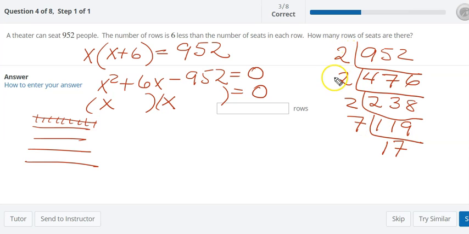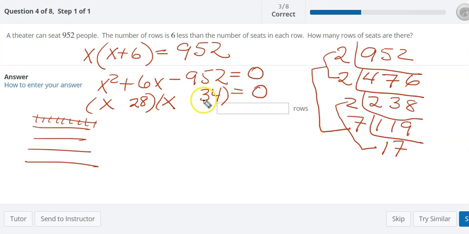Now, I'm looking for combinations of these factors that are going to give me a difference of 6. So again, I had to work on that just like you would. So I'm going to go 2 times 17, which is 34. And then I get a 2 times 2 is 4 times 7, which is 28.